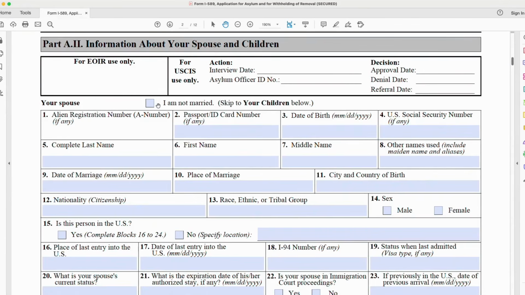If you are married, write your spouse's A number, if any, here on question 1, their passport number, if any, on question 2, their date of birth on question 3, and their social security number, if any, on question 4.